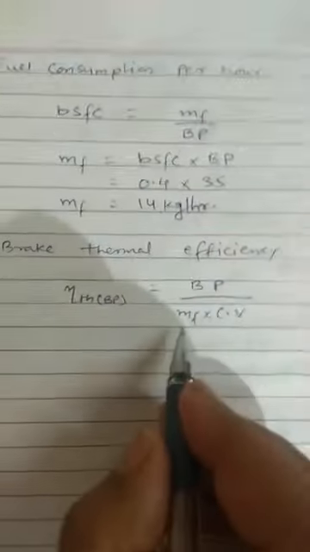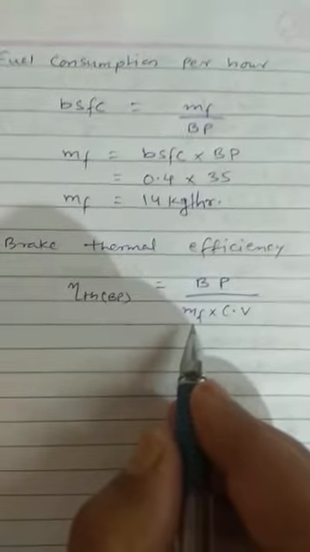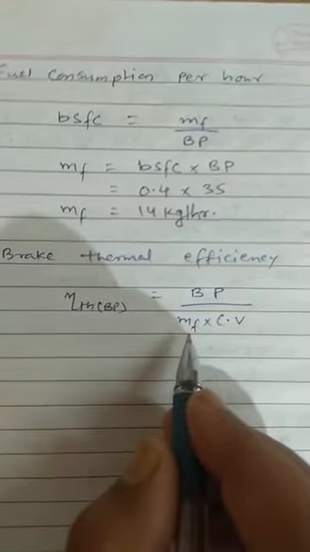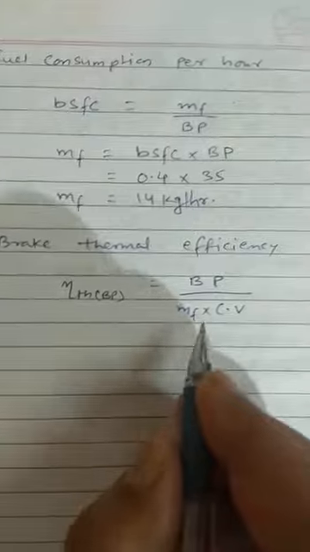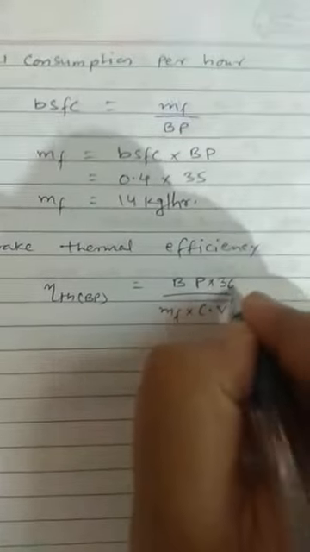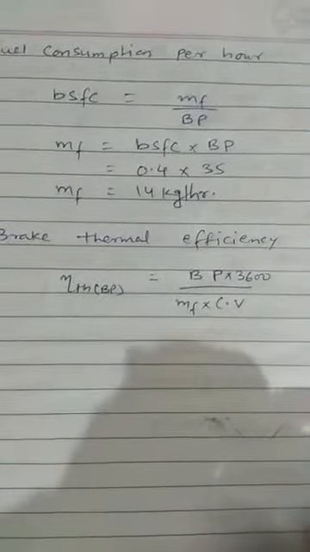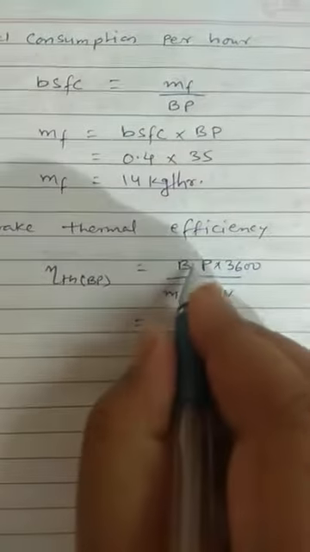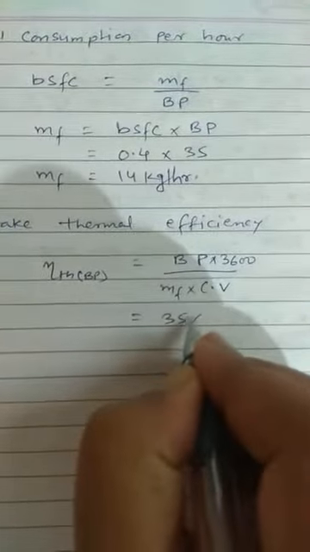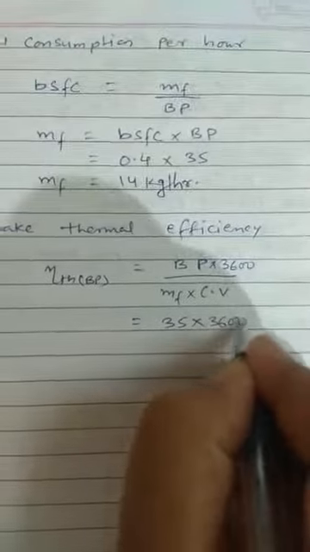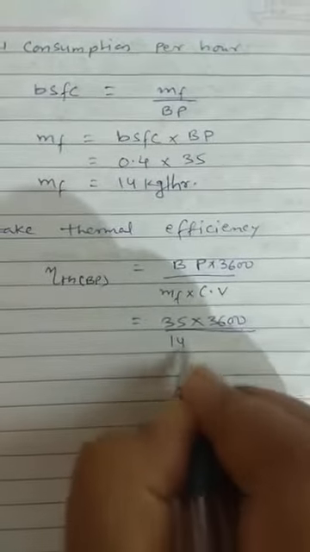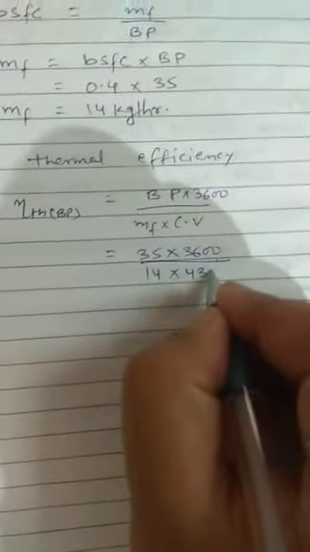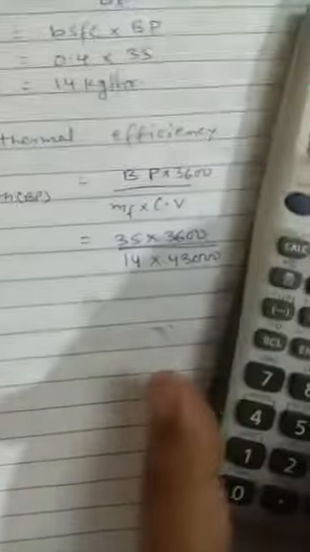If mass of fuel is in kg per hour, then we multiply by 3600 in this formula. So BP is 35 into 3600, mass of fuel is 14 into calorific value, which is given as 43000.